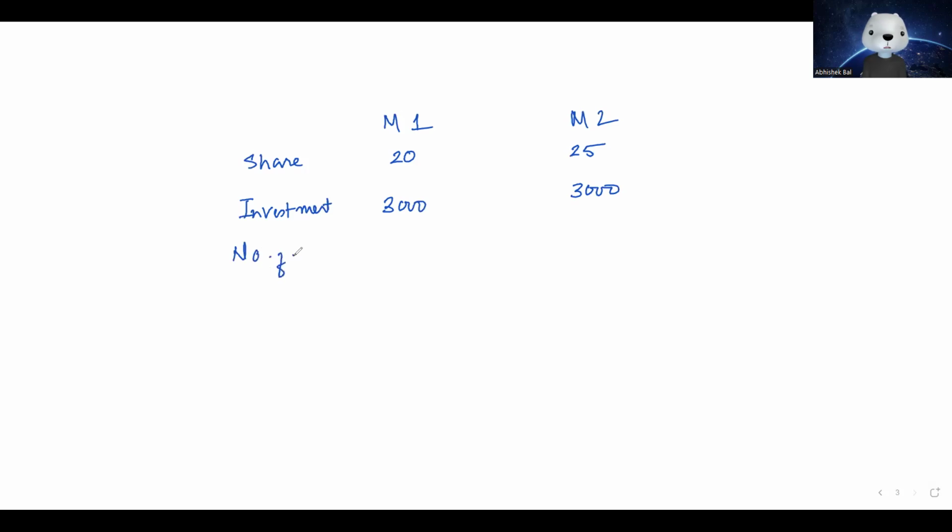So from here, we can first find out the number of stocks. Do remember, I'm not applying any of the harmonic mean formulas that's being mentioned out here. I'm just trying to solve this problem through common sense. Because the question that is being asked is that what is the average purchase price for the stock? Right? That's what we are out to find out. So it's not hard for us to understand that the number of stocks is the total investment divided by the per share price.